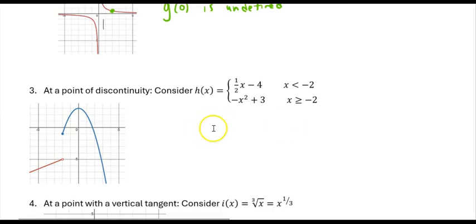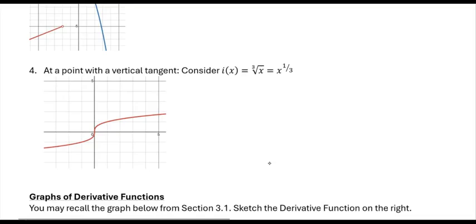Number 3, point of discontinuity. Here we have a piecewise function that is linear, and it jumps to a quadratic. At x equals -2, you have that point of discontinuity. So in this case, we would say h prime of -2 is undefined, but it seems to have a derivative anywhere else. And number 4, a point with a vertical tangent line.